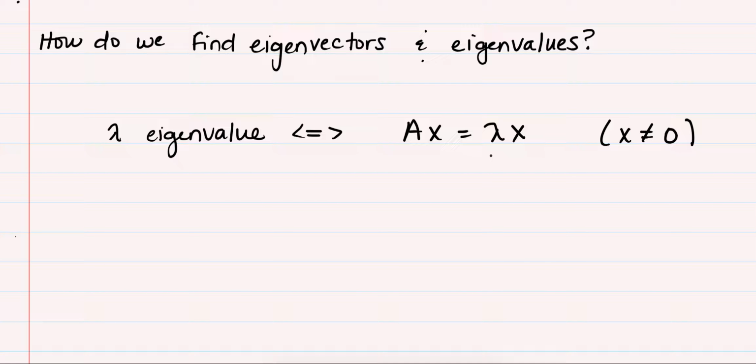Well, if this is true, I can move everything to one side. And that's because this right here is an n by 1 matrix, this column vector, because this is n by n times an n by 1. So this product is going to be n by 1. And this is just a number times an n by 1 vector, so this is n by 1. So I can move everything to one side and subtract them.